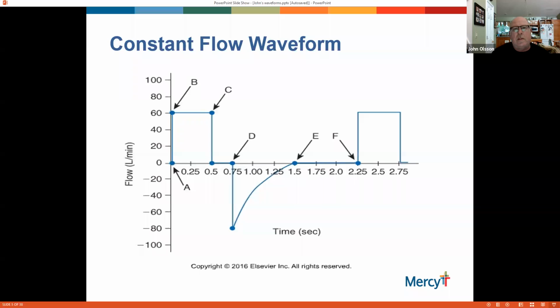But just notice that that's one way you can tell what kind of pattern you're looking at. If it's flow, it goes negative. Pressure or volume doesn't go negative. So that's something you can look at on that ventilator and see pretty quickly.